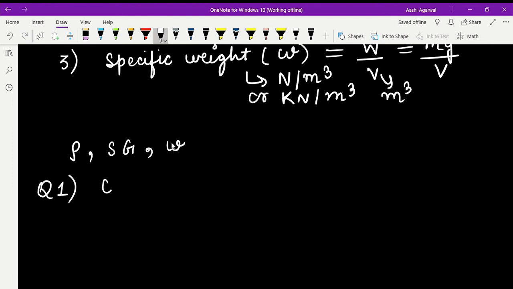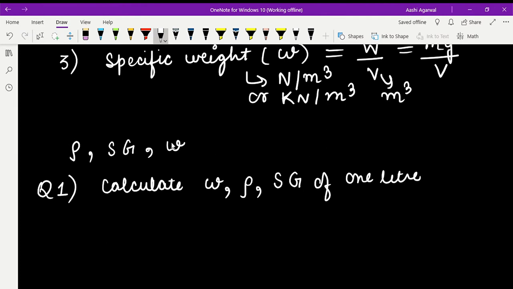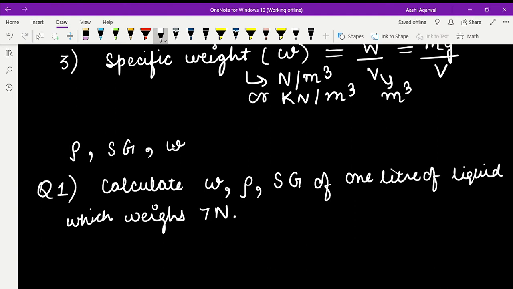So the problem is you have to calculate the specific weight, that is small w, density and specific gravity of 1 liter of liquid which weighs 7 Newton. So you have to find out the density, specific gravity and specific weight of this fluid which is of 1 liter and which weighs 7 Newton.